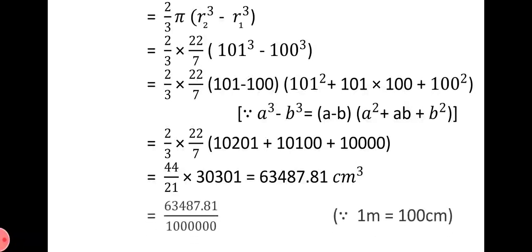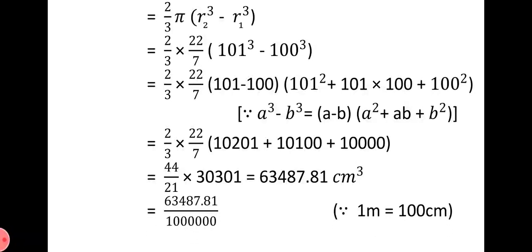This is the volume of the iron sheet used to make the tank. But this is in cubic centimeter and we have to convert it into cubic meter. That is 63,487.81 divided by 10 lakh, because 1 meter is 100 centimeters, so 1 cubic meter is 10 lakh cubic centimeter.